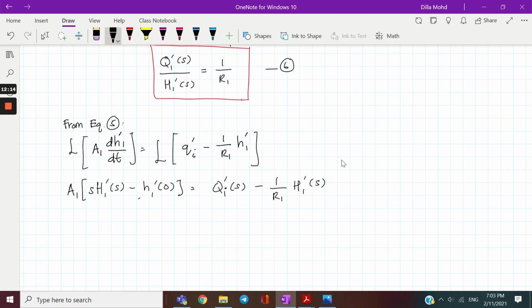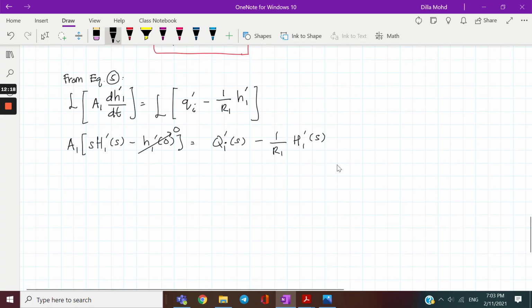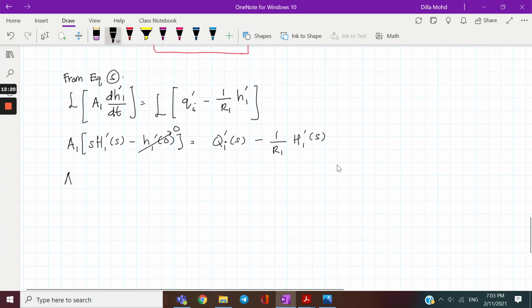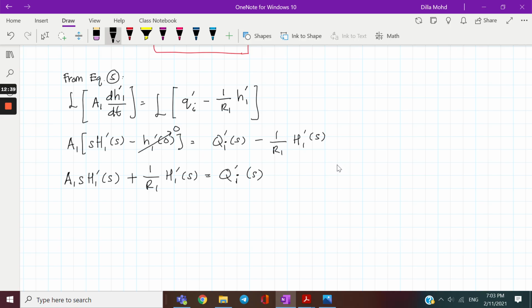We remember that the initial condition is 0. So then you can rearrange your terms. You have A1 s H1 prime of s plus 1 over R1 H1 prime of s equals Qi prime of s. What you need to do next is rearrange your terms.